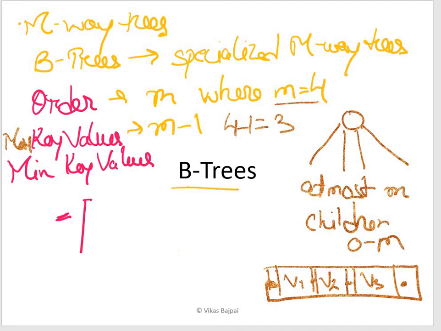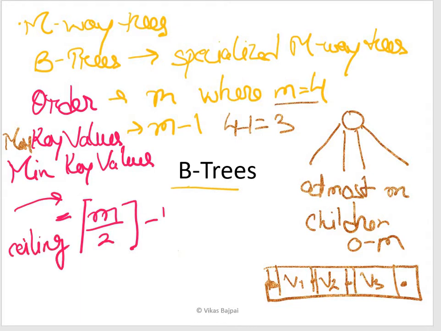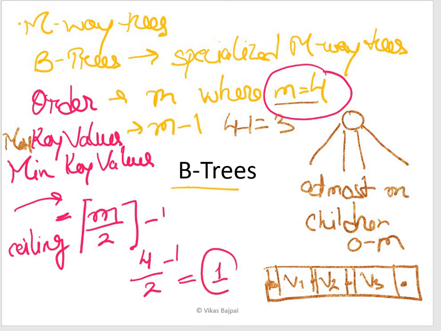And if we find the min key values, that would be the ceiling of order M by 2, minus 1. So if I have 4, I'll have 4 by 2 minus 1, so it is 1.